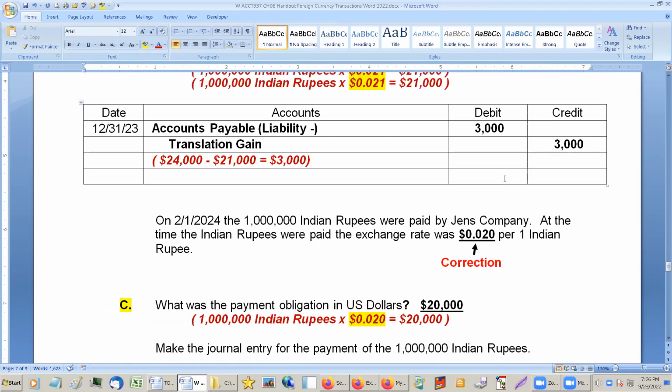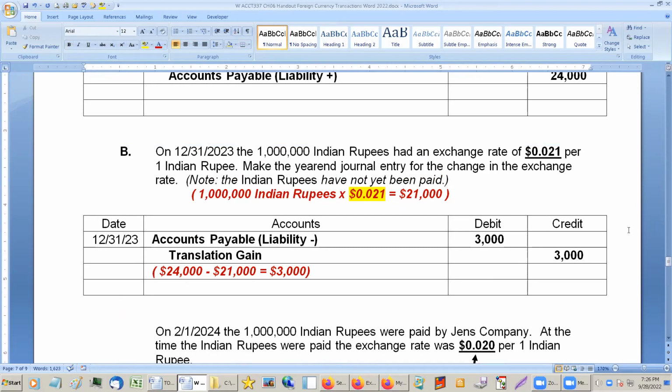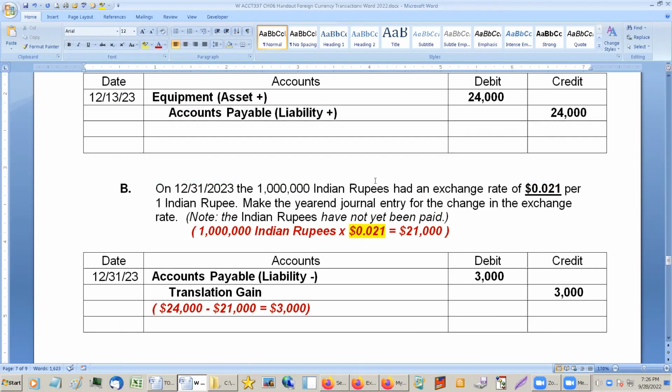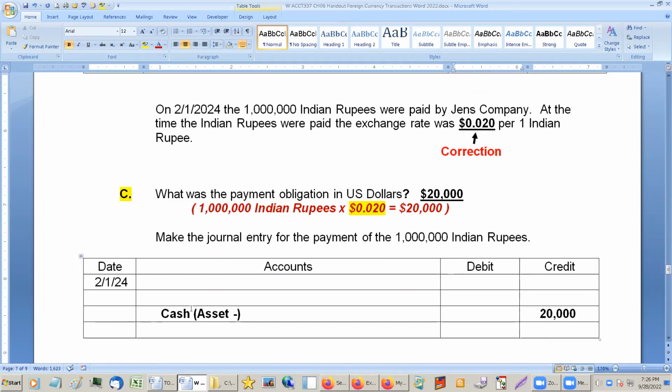What's going to be on the rest of it? Now be careful with the accounts payable, because we had a 24,000 accounts payable liability. We knocked it down by 3,000. So there's 21,000, so we have to take that off the books.